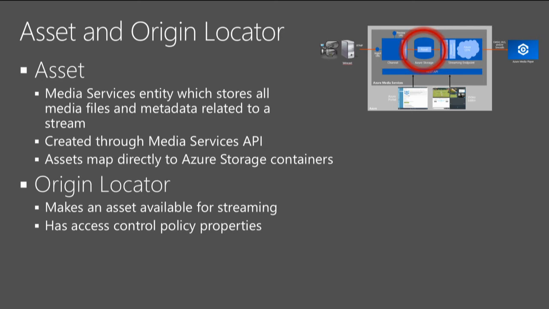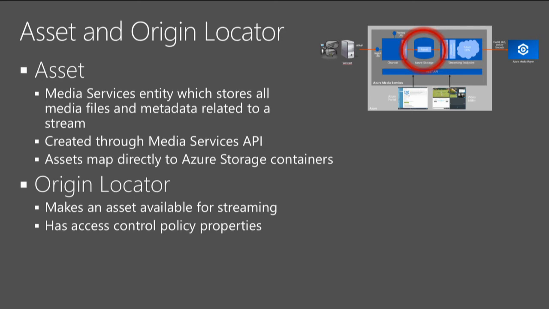What an origin locator is: by default, when you create an asset, we don't make it available through our origin. There may be scenarios where you just want to stream into the cloud, and you actually don't want to make it available immediately as a stream. Maybe you just want to capture, archive it, and then make it available at some later point in time.